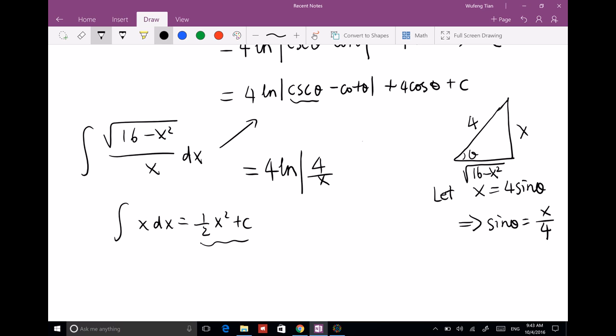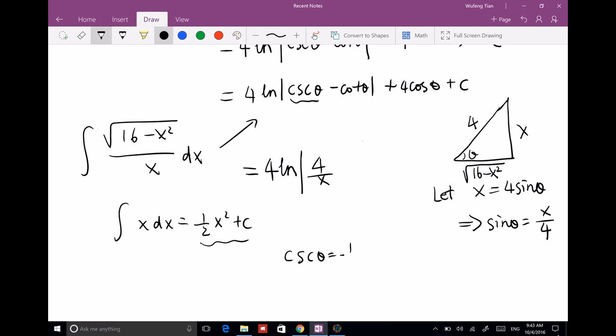So cosecant theta is 1 over sine theta. Sine theta equals opposite side over hypotenuse. So it's 1 over x over 4. Everyone got it, right? Okay. So just a quick help here.